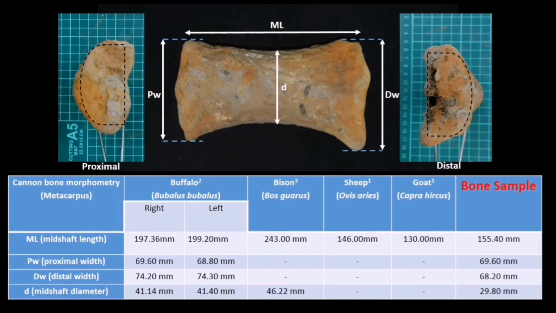And bison, of course, is larger than the bone sample that I have. And sheep and goat appear to be smaller than the bone sample's dimensions. On each species, I've labeled some numbers. Those are references that I'll provide you later at the end of the presentation.